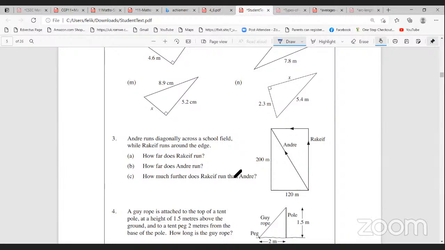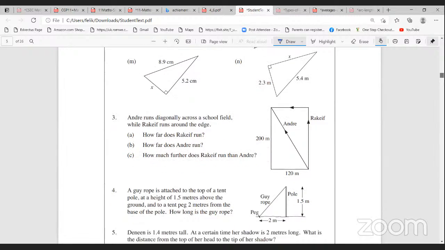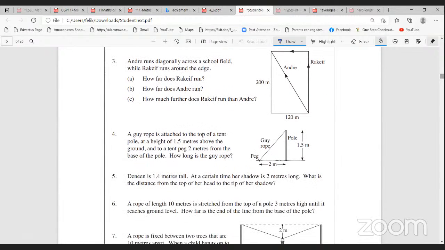All right, go ahead and do number 3 for me. Number 3. Ooh, decimals again. It's not decimal.